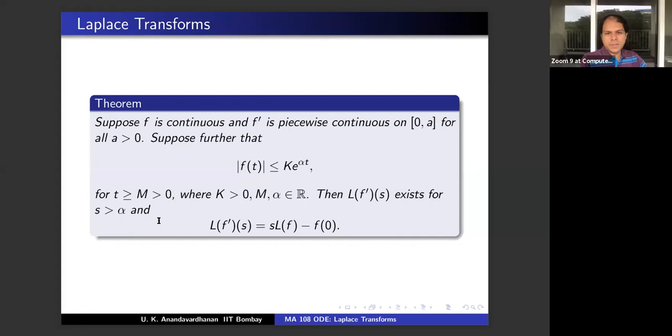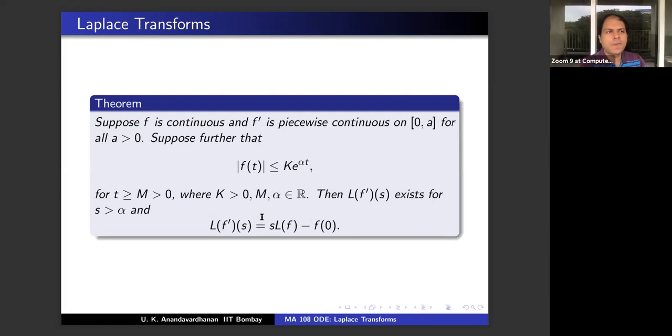This theorem applies, no? So if you can find a function f which is of exponential order and its derivative is not of exponential order, the Laplace transform of the derivative exists, right? But the derivative is not of exponential order.